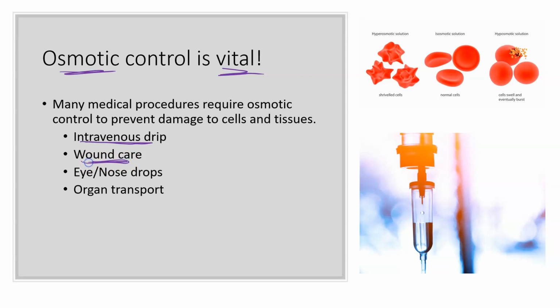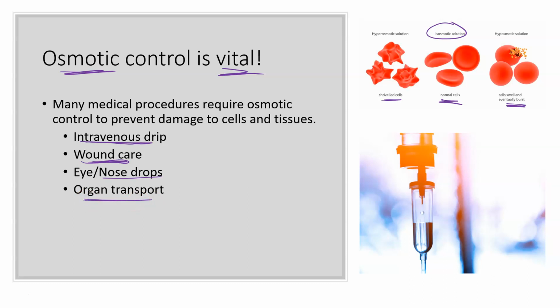Wound care. Washing a wound is often done with an isotonic saline solution. Again, you want it to be isotonic because you want the cells to remain normal size. You don't want to subject them to a hypotonic or a hypertonic solution because you don't want them to shrivel or swell. Eye and nose drops, again, you want those to be isotonic.